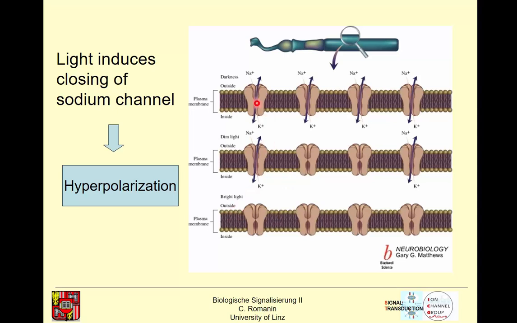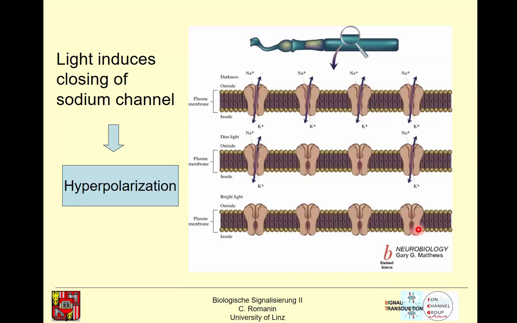You can see here in the dark we have a steady state sodium influx. When bright light shines, we have heard the cells hyperpolarize. So somehow this sodium influx has to be stopped. And you can see here, the brighter the light is, the more of these sodium channels get closed.